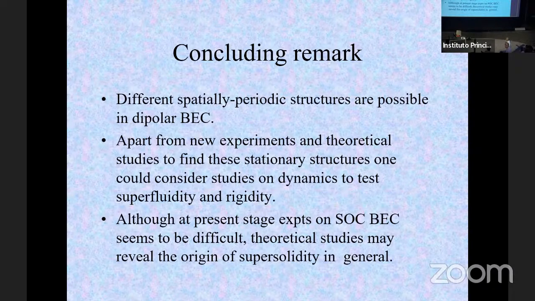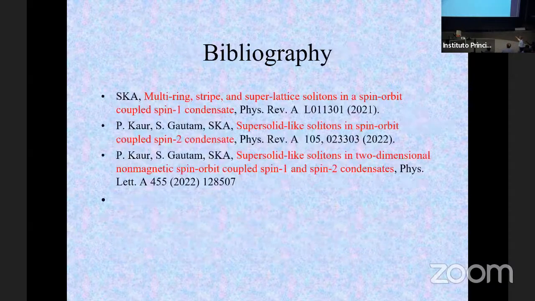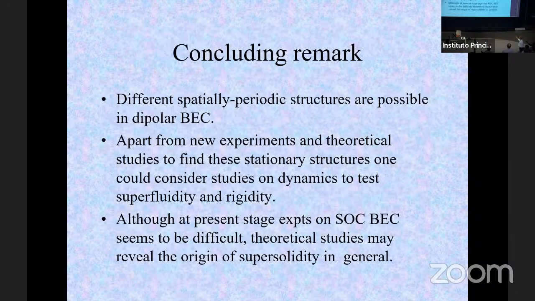Theoretical studies of this may reveal supersolidity in general. The experiment on SOC BEC that showed supersolidity was in a quasi-1D trap, and these are 2D, which is technically more complicated.